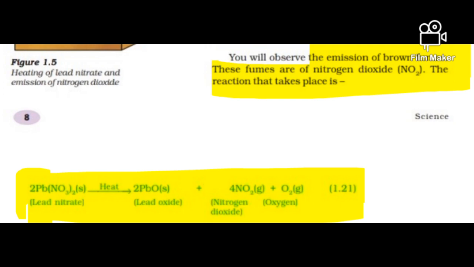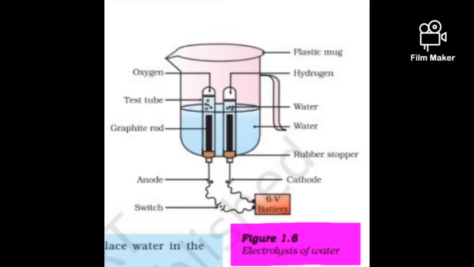These things are heated to decompose. Where heat is provided to break down the particular molecule, this is called thermal decomposition. Therma means heat, so it is called thermal decomposition.